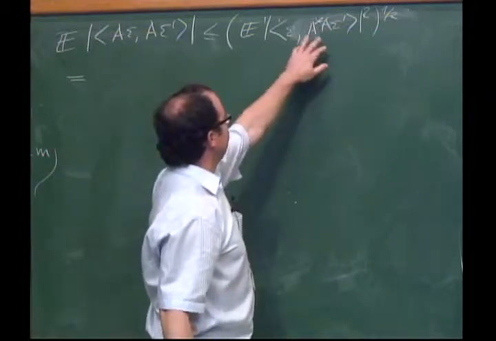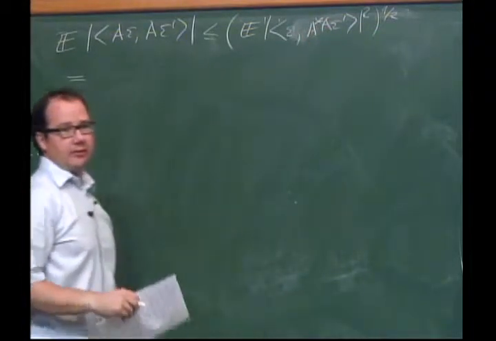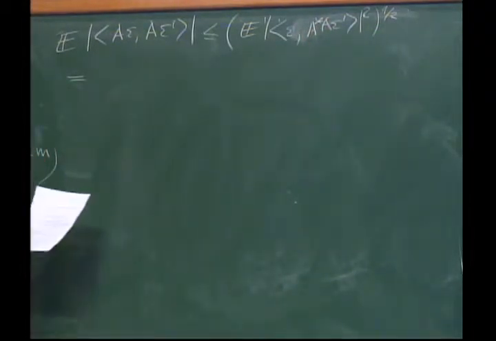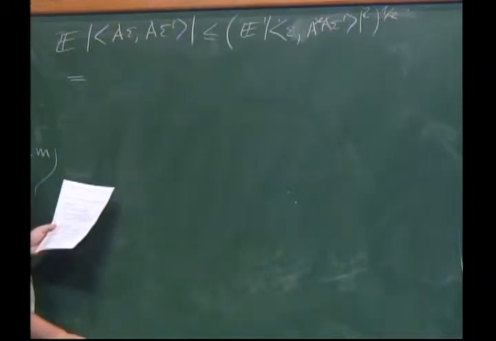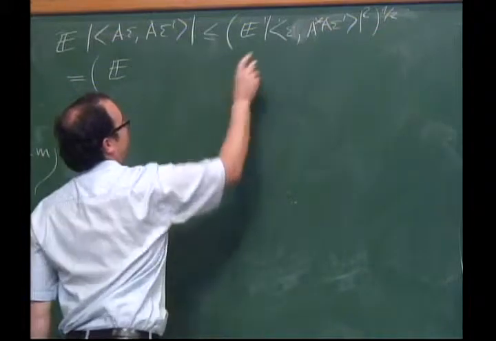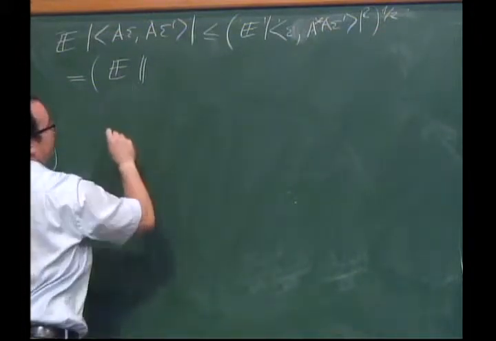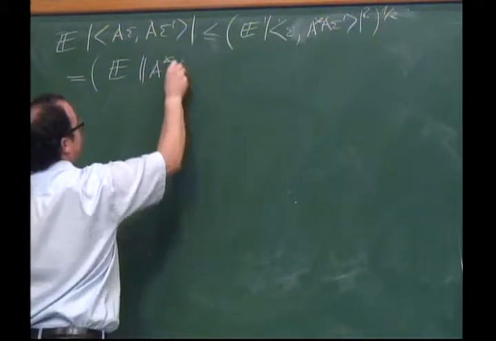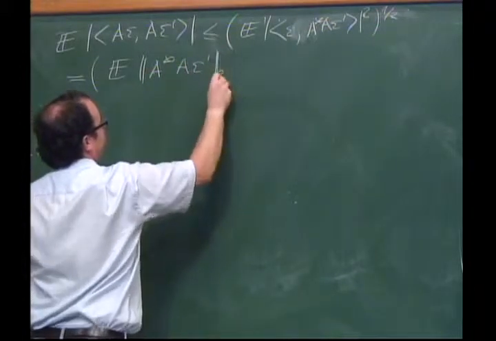So that's the 2 norm of an inner product. So we bound, well, actually that's equal. So we take the expectation with respect to epsilon first. Then we get A star A epsilon prime in the 2 norm.